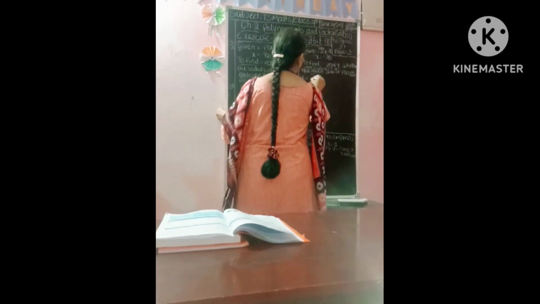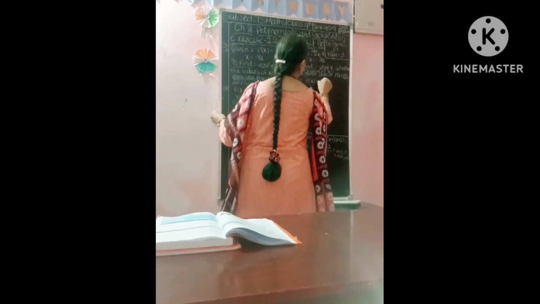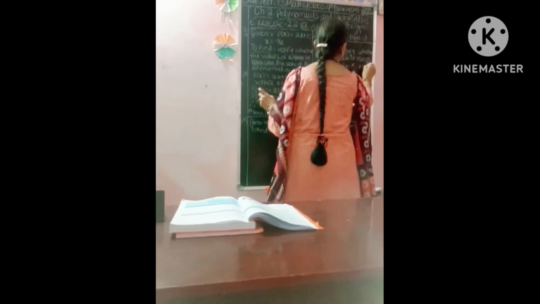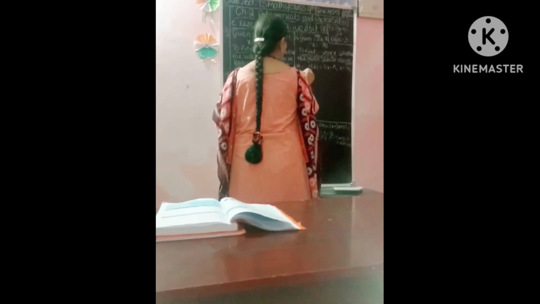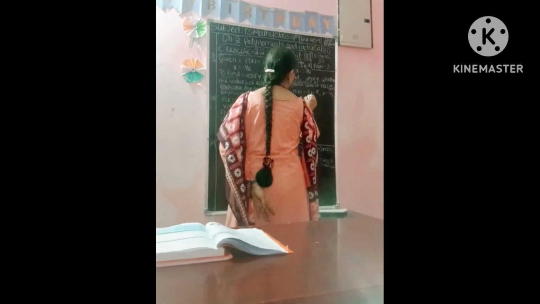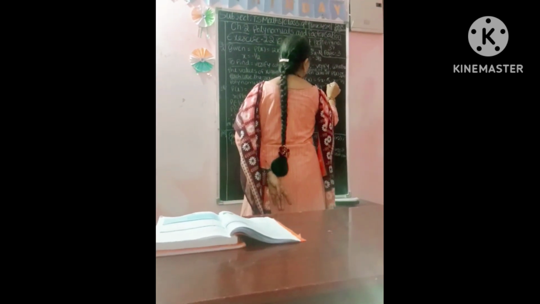First, p of x is given, that is 5x minus 5. Now replace or substitute x by minus 3 by 2.